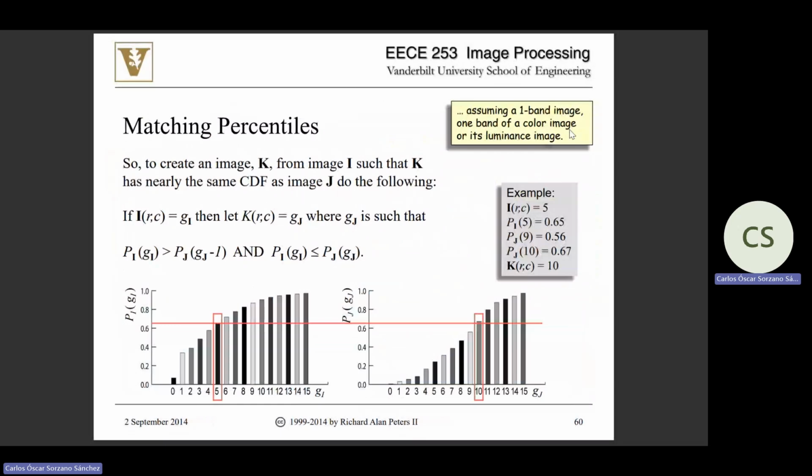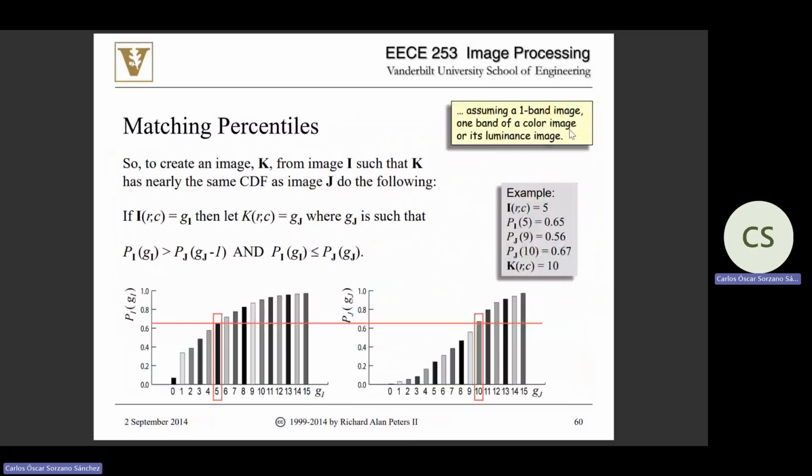I can ask, what is the probability of taking a value 5 or smaller in image I? This is the CDF. It is, let's say, 0.65.